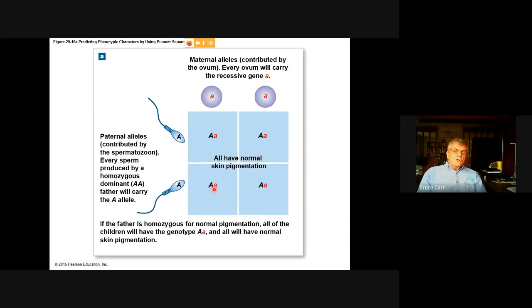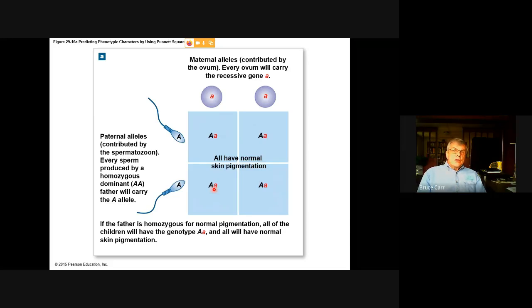Now, I want you to notice one other thing. Despite the fact that each child has normal skin, each child will also be a carrier of the albinism gene.